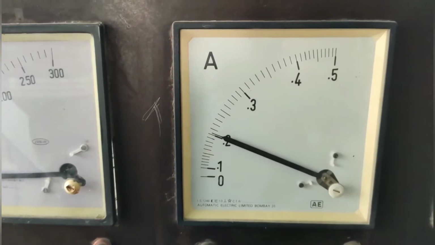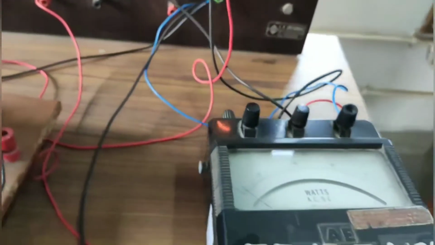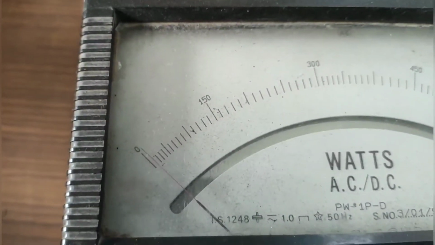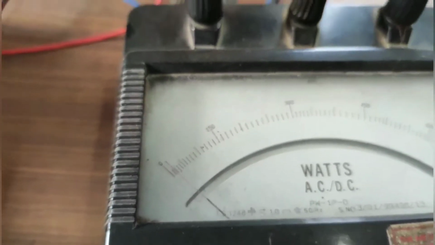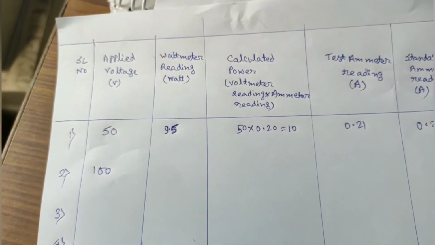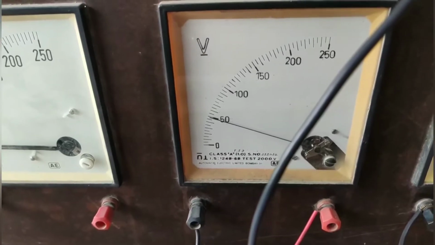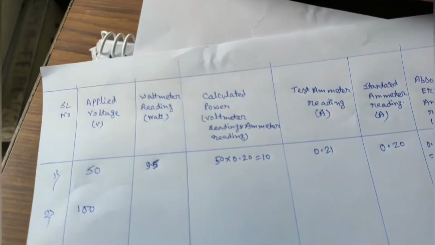We are going to find out the reading, and here this is the wattage reading. So here we need to take the wattage reading. Now let us take the reading. So here you can see the reading has been taken. Yes, so applied voltage here you can see is 50 volt.